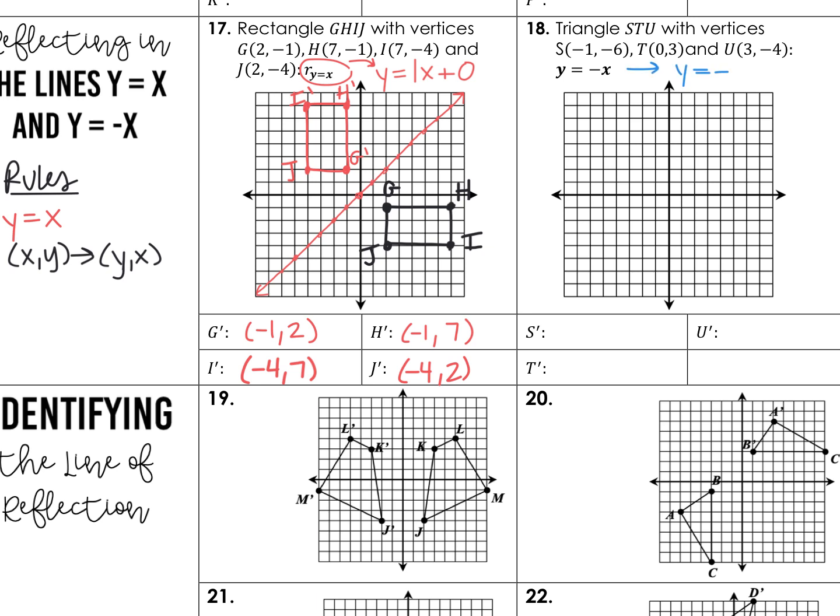This is the line that has a slope of -1 and it has a y-intercept of 0. So let's graph the points first. We're going to make this a -3, so it turns out a little nicer for us. So make this 3 negative for me. Okay, so S is at -1, -6. T is at 0, -3, please.